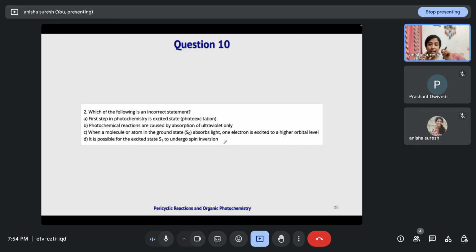Option C, when a molecule or atom in the ground state, S0, absorbs light, one electron is excited to a higher orbital level. Option D, it is possible for the excited state S1 to undergo a spin inversion. Which is the wrong statement among these four?